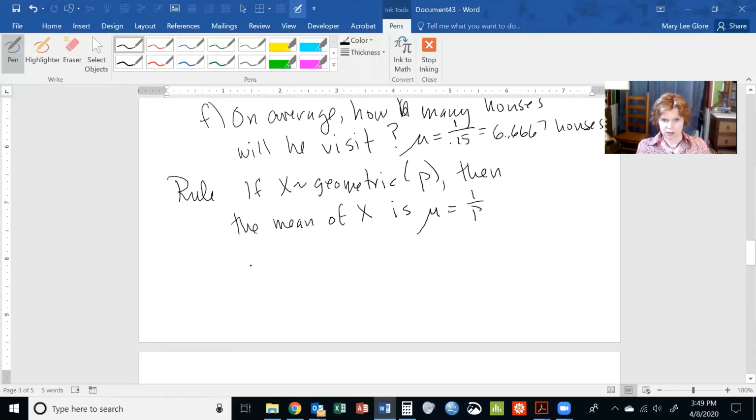All right, so what about the standard deviation? The mean is this, and the standard deviation of X, sigma, is equal to the square root of q divided by p.